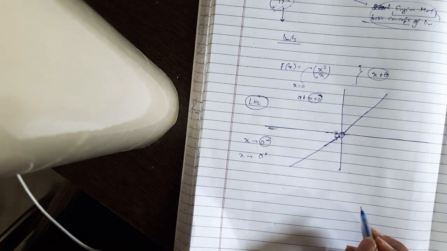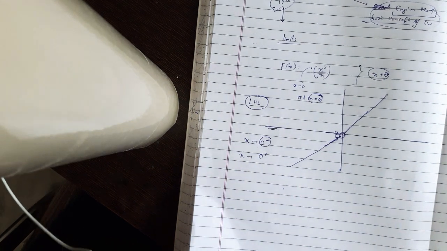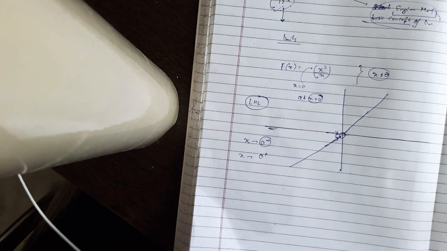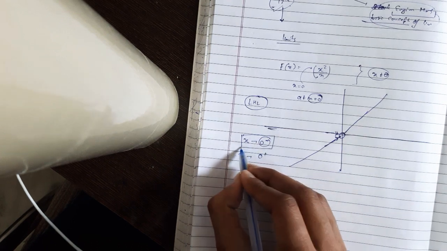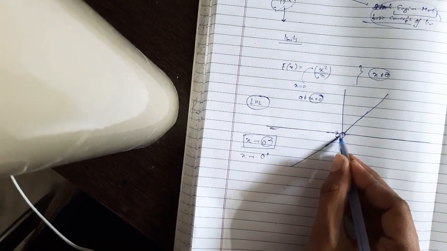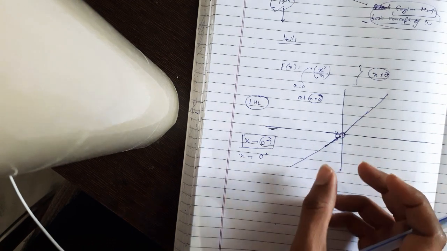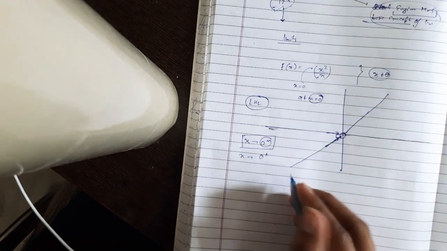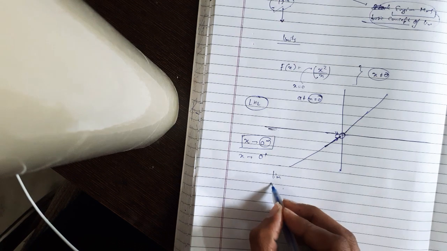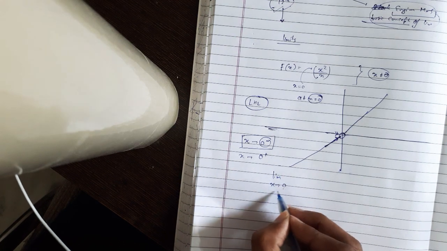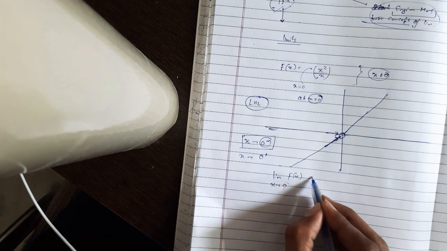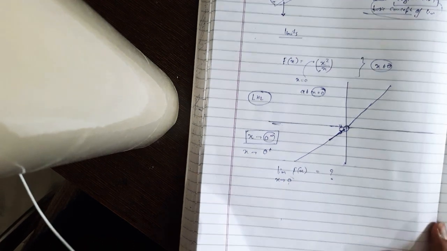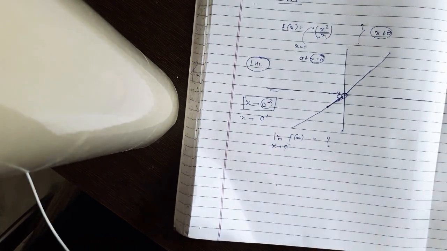If both values are the same, I will say that the limit exists. So what is a limit? A limit is nothing but an approaching value. If we approach towards any value, like I am approaching towards 0, we write this as the limit as x approaches 0 of f(x). That is what we have to calculate.